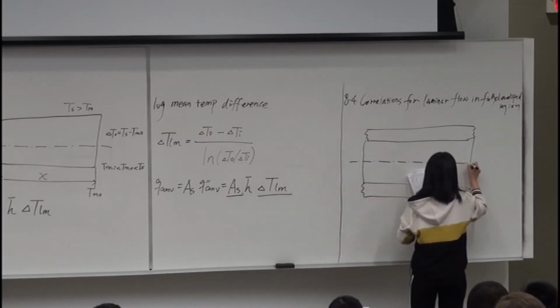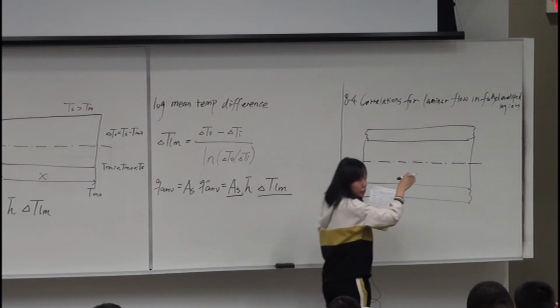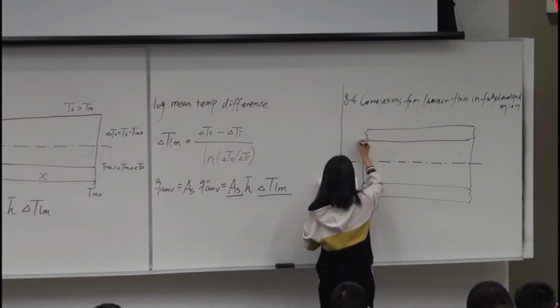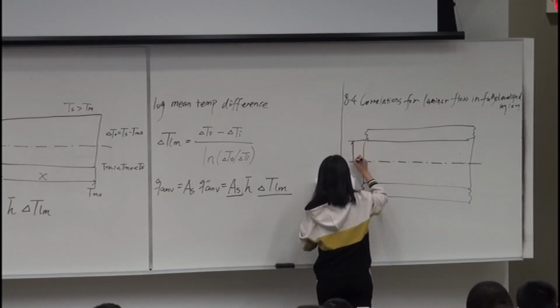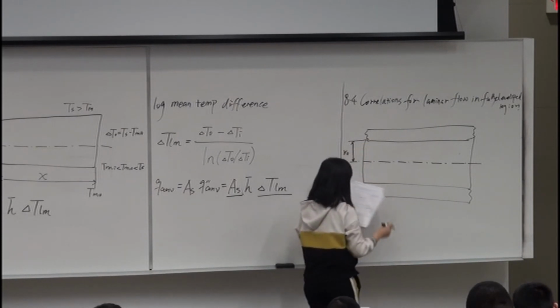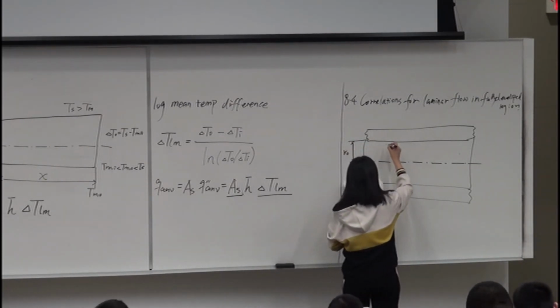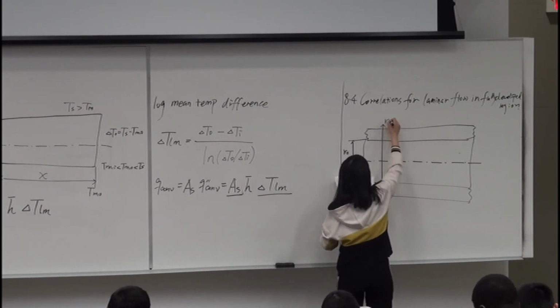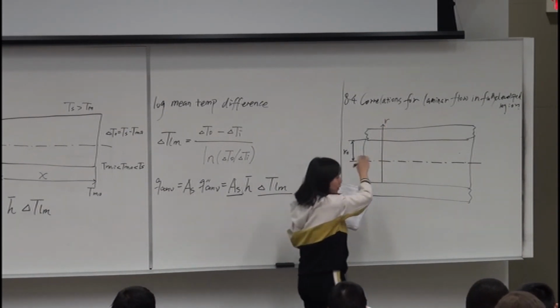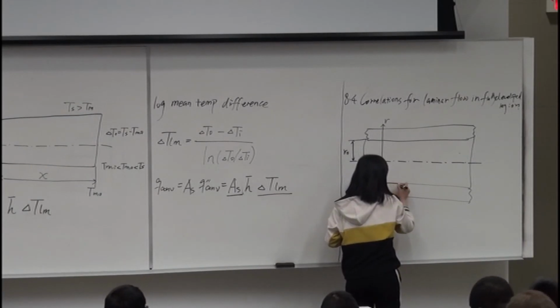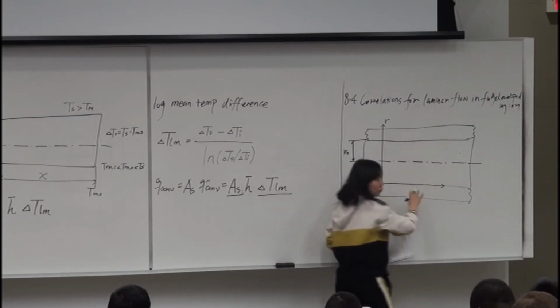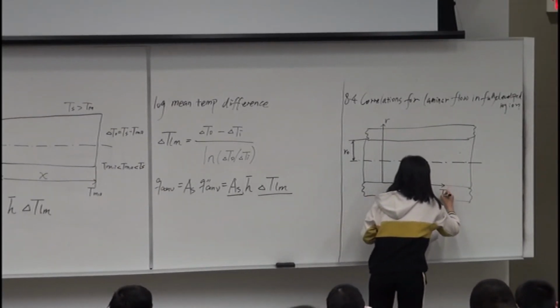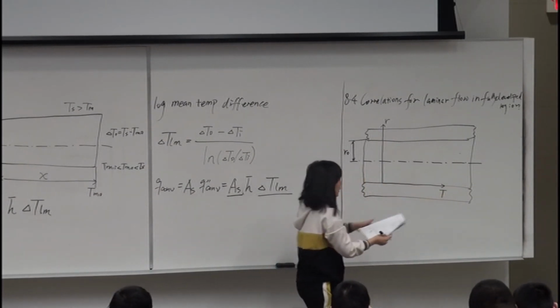And the tube, it is a circular tube, has a radius of R0. And let's say we have the y-axis here as the radial axis, and we have x along the tube length. For the x-axis, we use it as a temperature value.